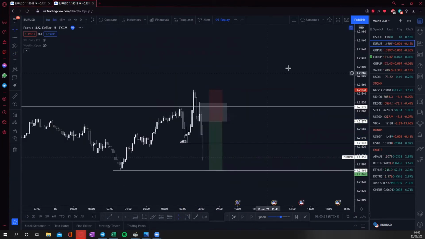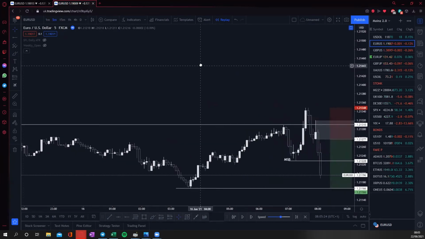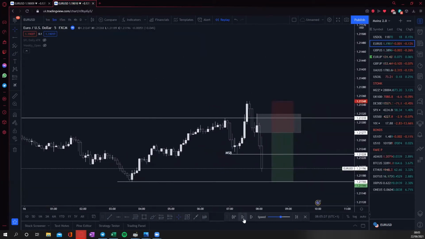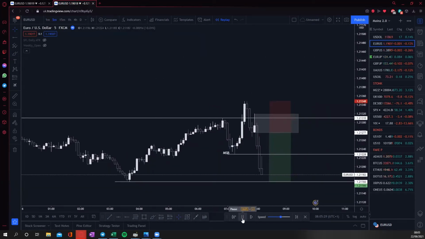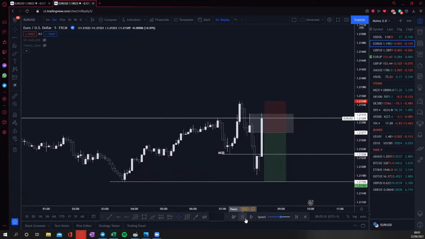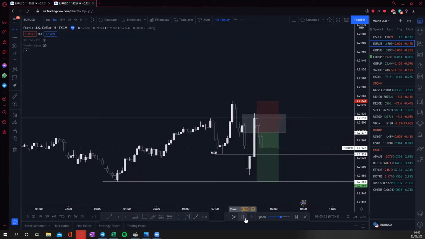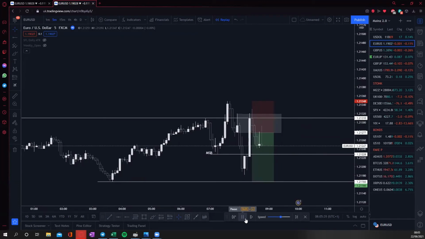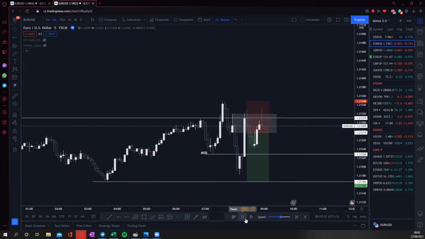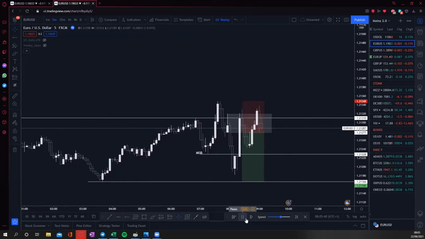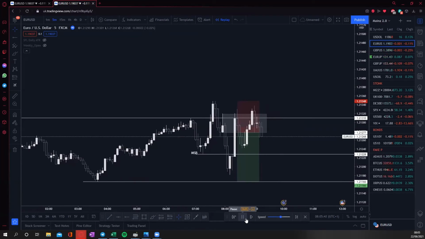If I just go back on a 5 minute, much easier, well, quicker to see the actual price action. So the market traded downwards, came back up, and then just slowly drifted between the hours of 9 and 11. I'll explain why in a minute.